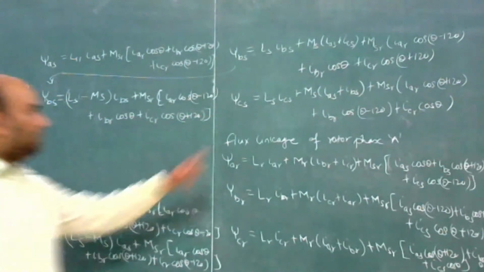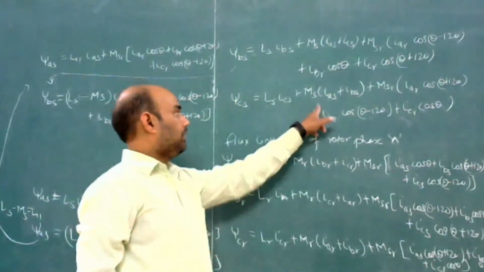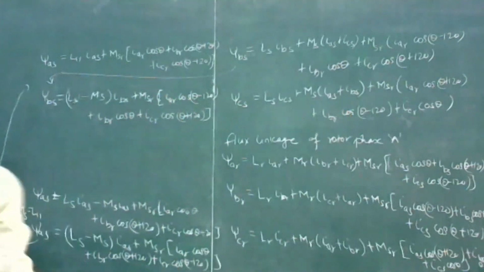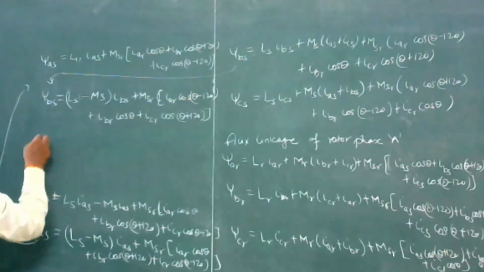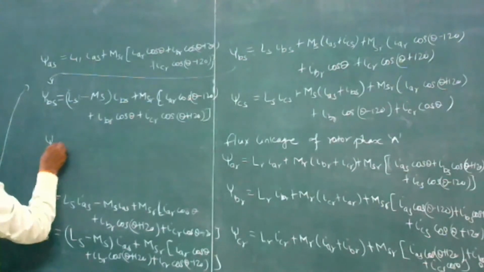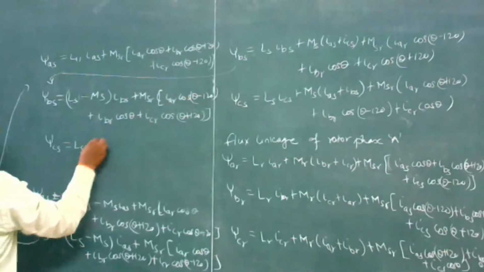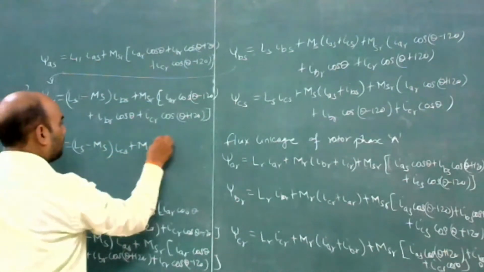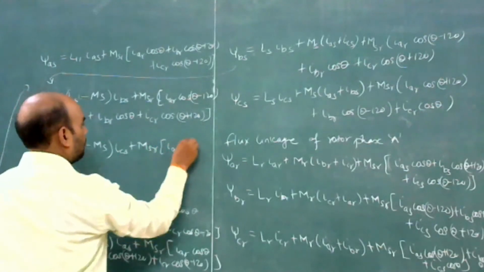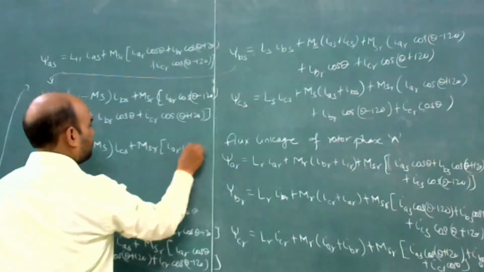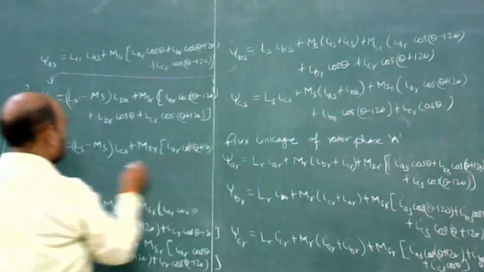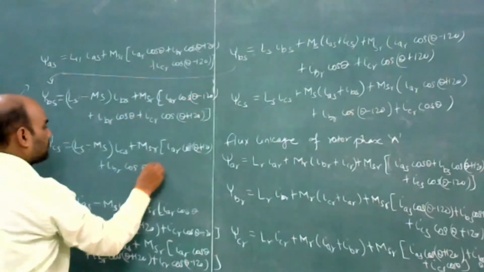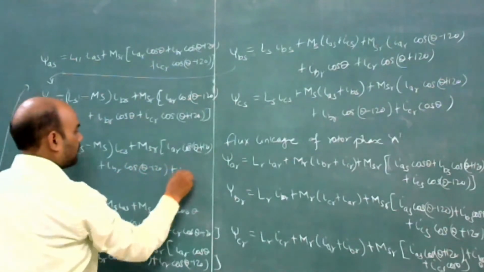Similarly we can write for phase C also. So this will be minus ICS. So directly we can write ICS is equal to LS minus MS into ICS plus MSR IAR cos theta plus 120 degrees plus IBR cos theta minus 120 degrees plus ICR.